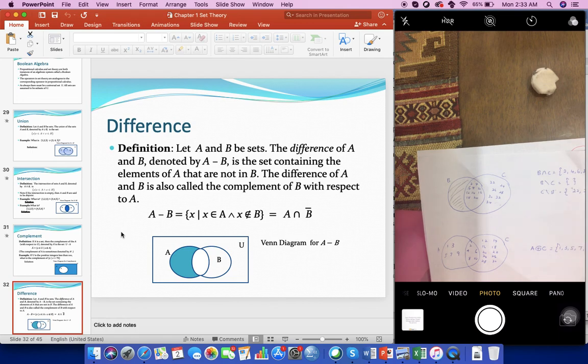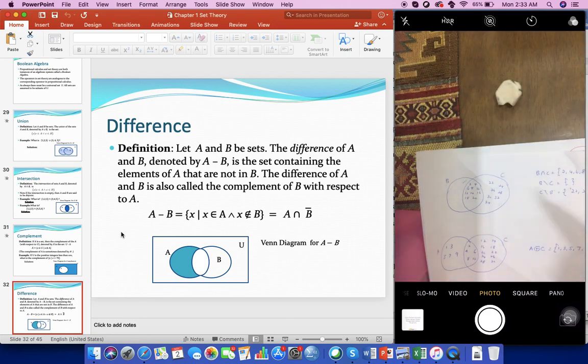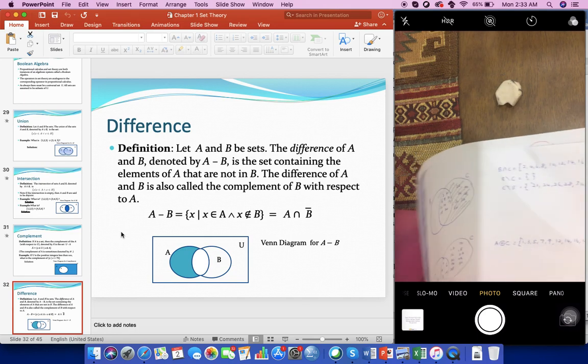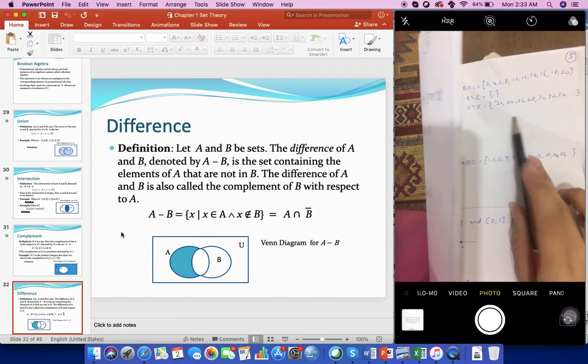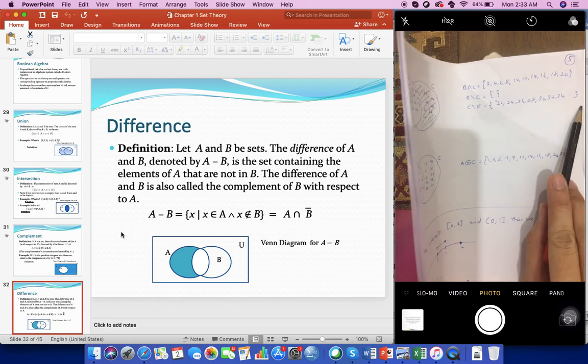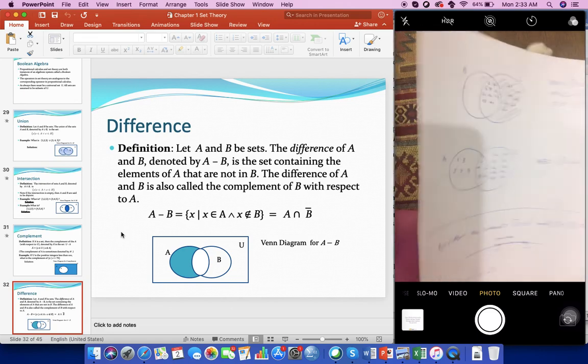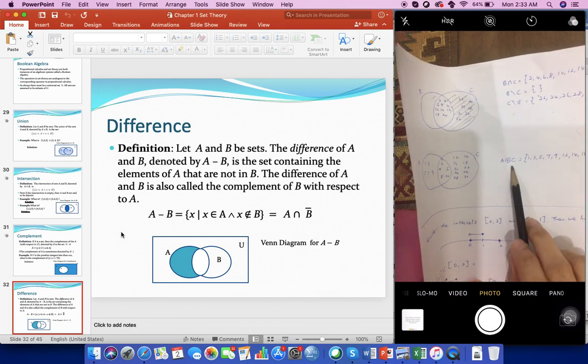For C difference with B, it is here. Okay, the last example, altogether, A and C.